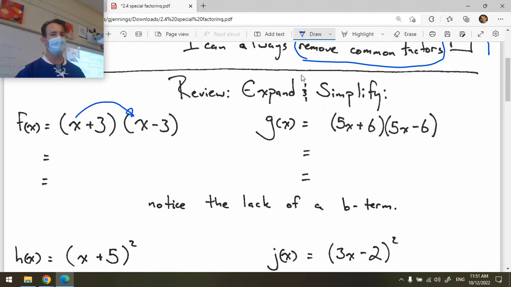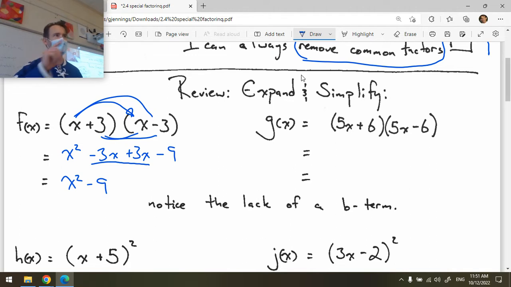Yeah, so we have x times x, that gives us x squared, no problem. x times minus 3 is minus 3x. 3 times x is plus 3x. And then 3 times minus 3 is minus 9. So these middle terms will cancel out and just leave x squared minus 9. Keep that in mind for later.